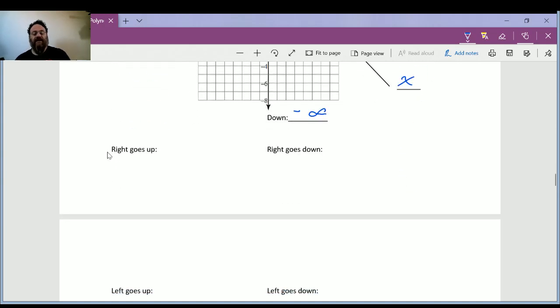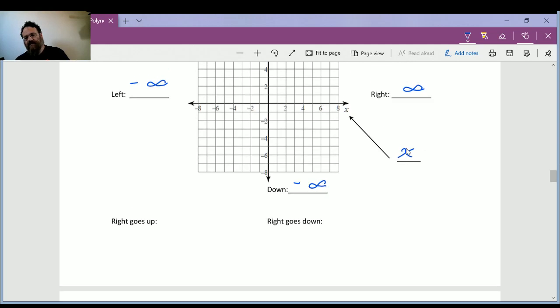So when it says right side goes up, okay, the right side, that's the x being infinity. So we're going to say x, little arrow, infinity. That says x approaches infinity. And then we look at up.